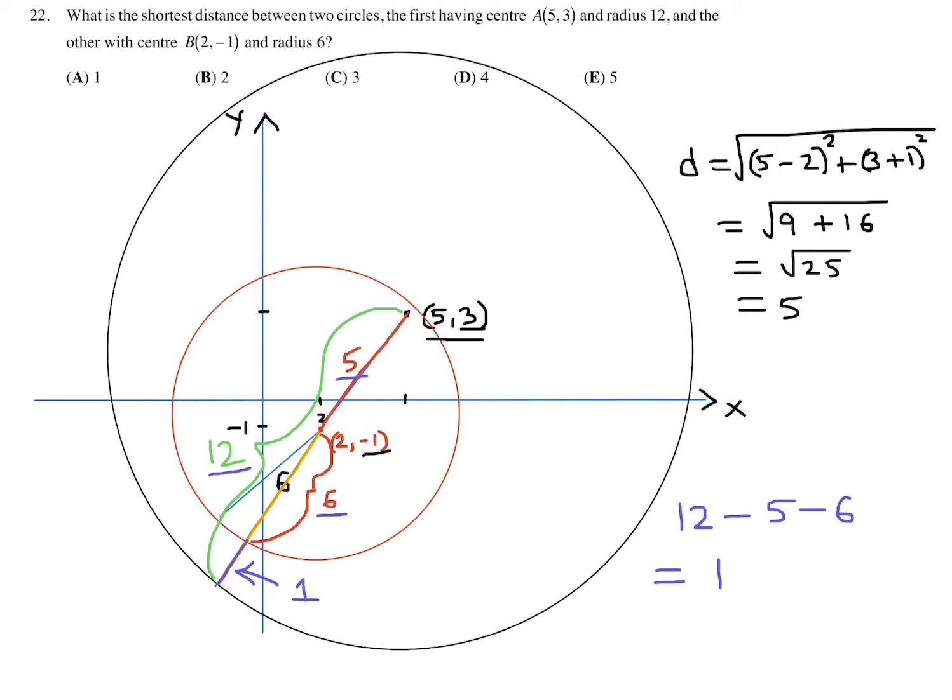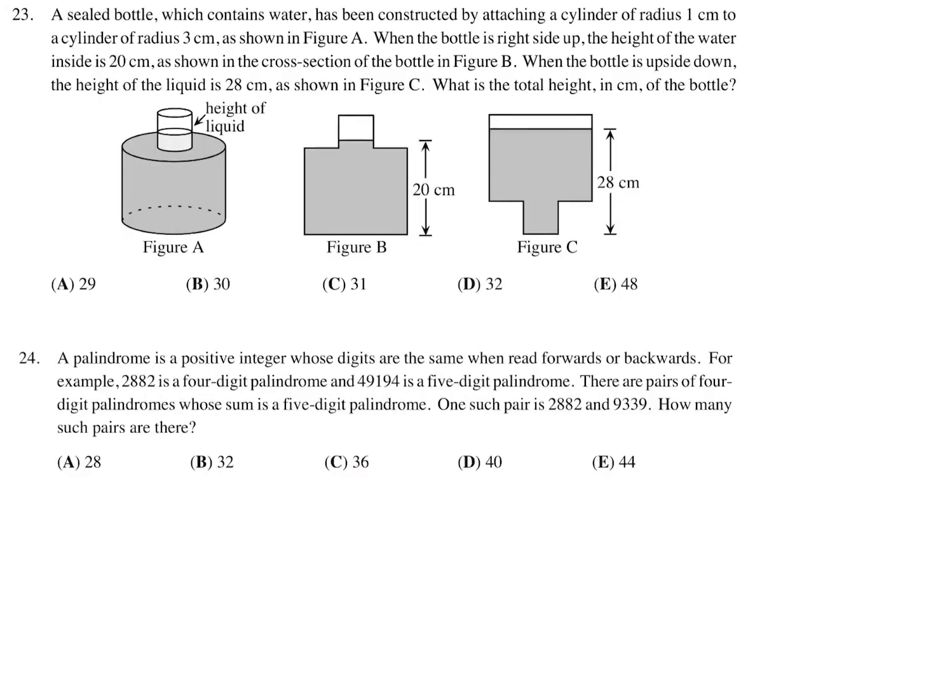And that's the shortest distance between those two circles. So 22 is A. The next two questions on this exam are 23 and 24. And I'm going to solve them in the next few minutes. But they're labeled 24 and 25, so don't get confused by that.